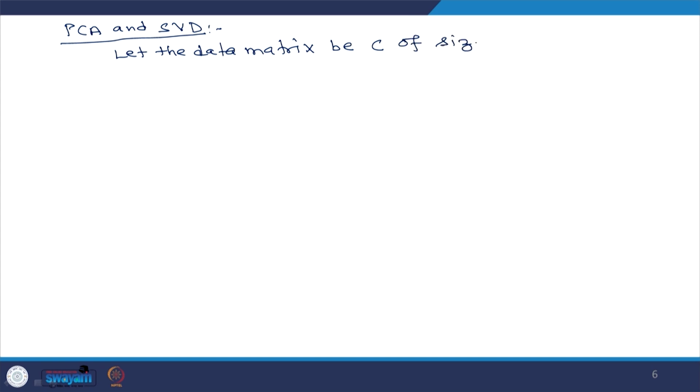Now, one more important thing, what is the relation of PCA with SVD? So, let the data matrix be C of size n by p. So, means I am having n number of samples and each one is having p dimensions. So, my data original dimension is p.